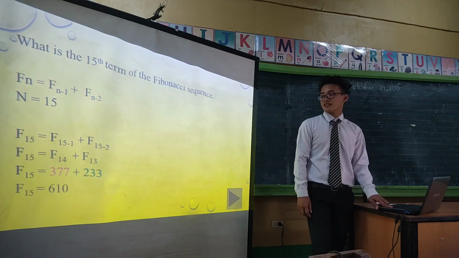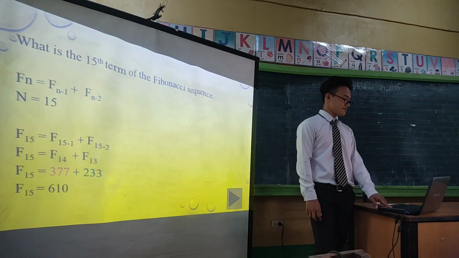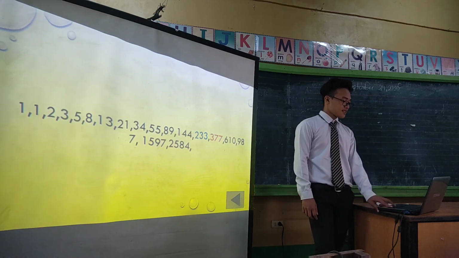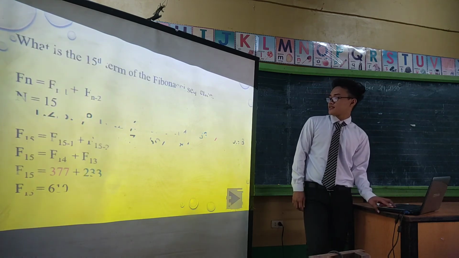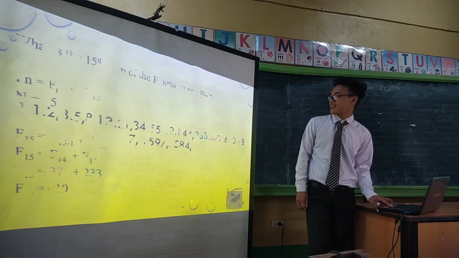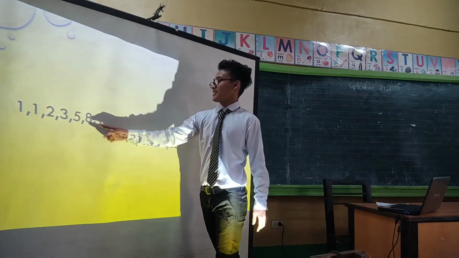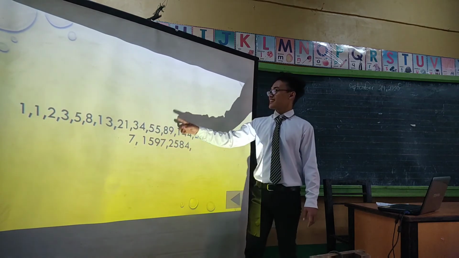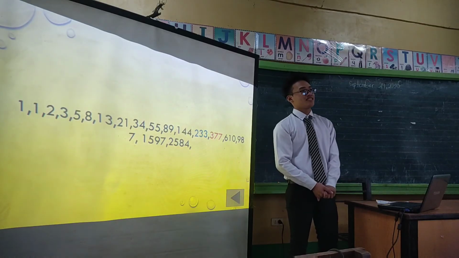And the fourth, that's what our 15th term is. So, here's the checking, guys. Our fifteenth term is 610. So, let's count it. 2, 4, 6, 8, 10, 12, 14, and 15. That's it. Pretty easy, right?